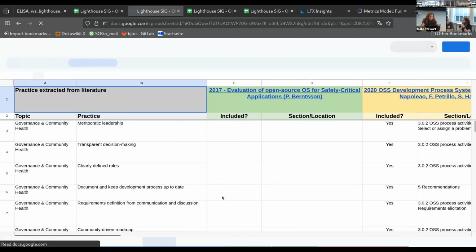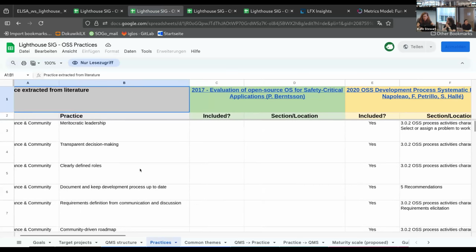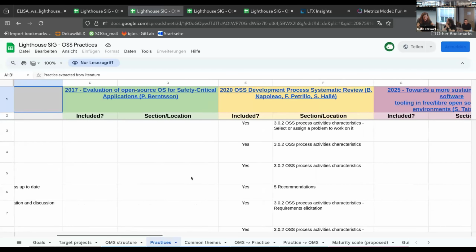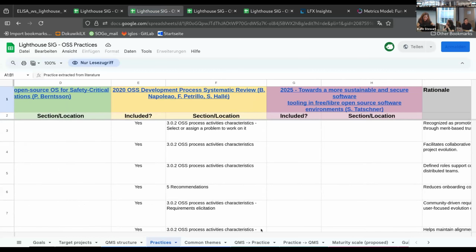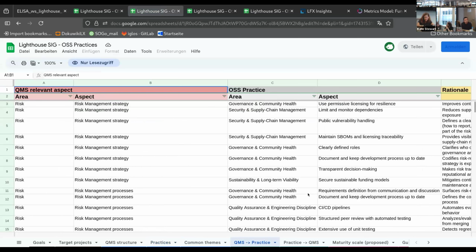So we have a certain topic and practice from the QMS framework and checked if it's also included in open source best practices, and then did a mapping from the QMS side to the practices side, and also the other way around.